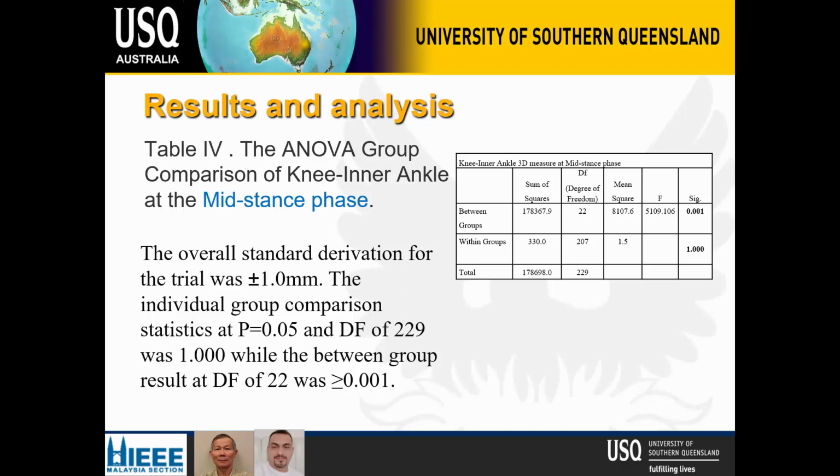The individual group comparison at P equals 0.05 and degrees of freedom of 229 was 1, while the between group results at degrees of freedom 22 was 0.001.